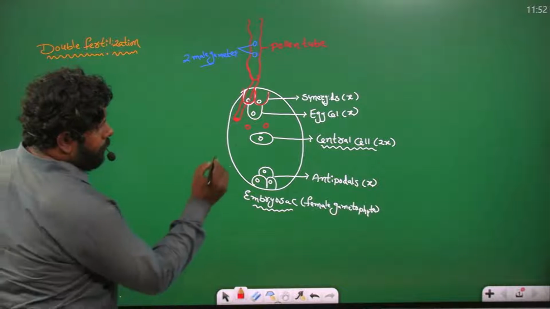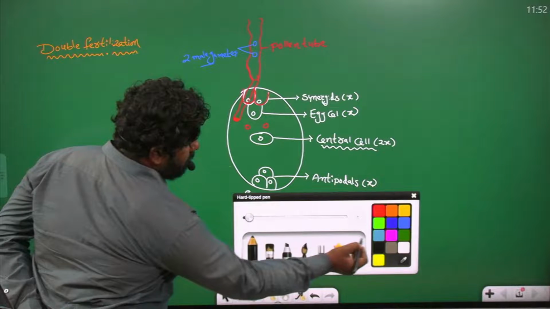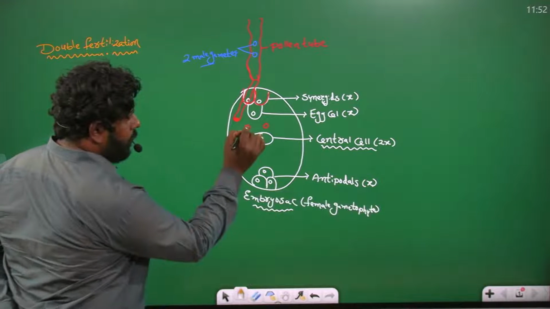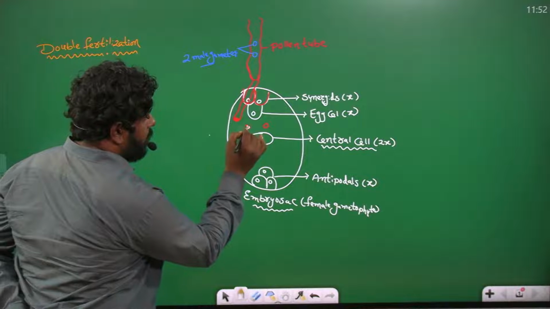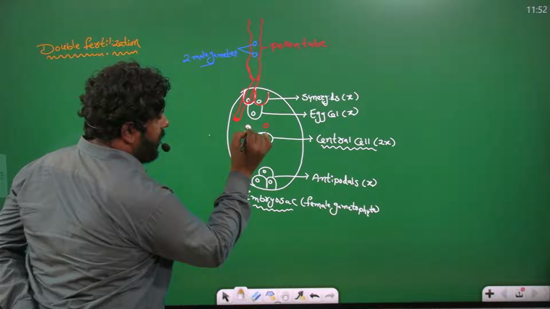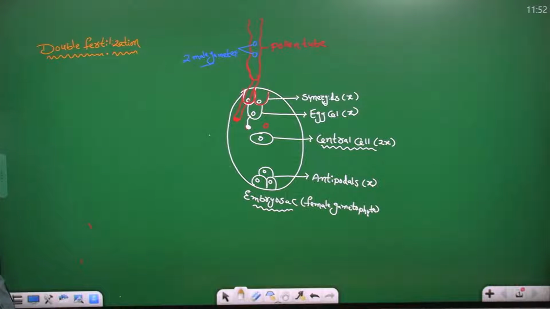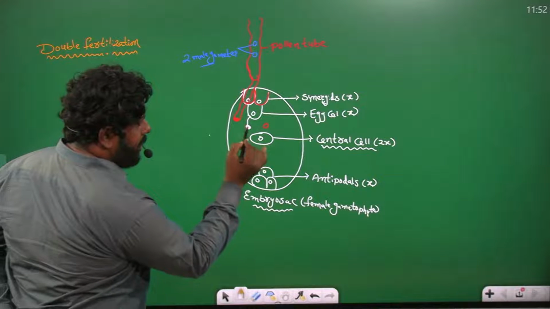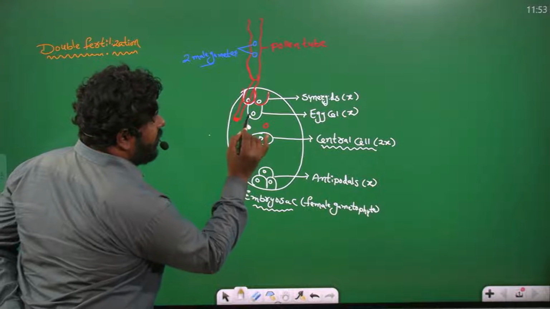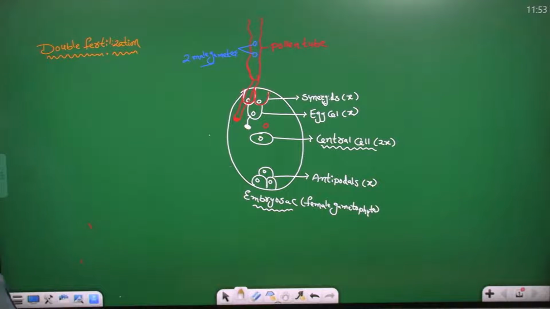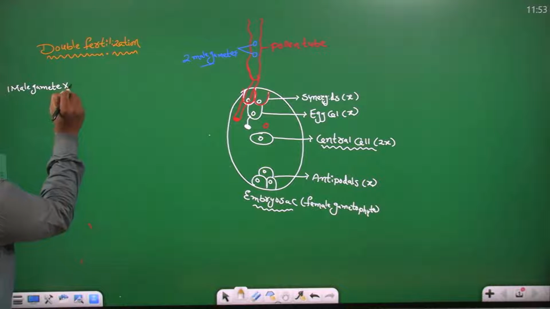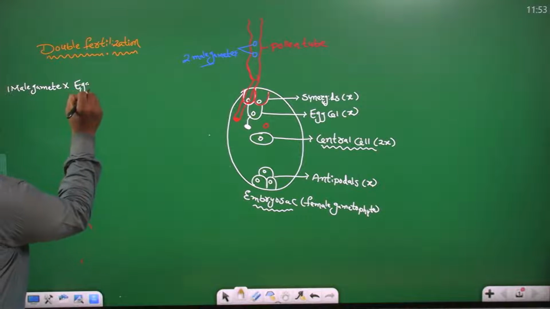See, listen, what is the next process? Out of the 2 male gametes, 1 male gamete fertilizes the egg cell. First male gamete fertilized with egg cell.